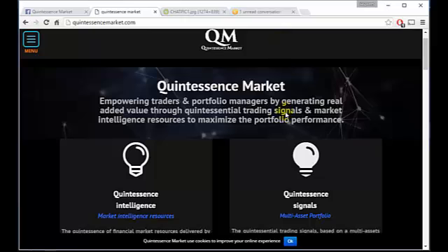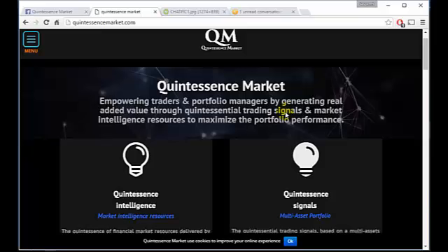I have started working with the Quintessence Market, which has been around for about a year, and they're definitely upcoming with newer technology and newer packages that they're offering. What QM is, it's an independent international offshore financial company, and they focus mostly on forex, about 70%.